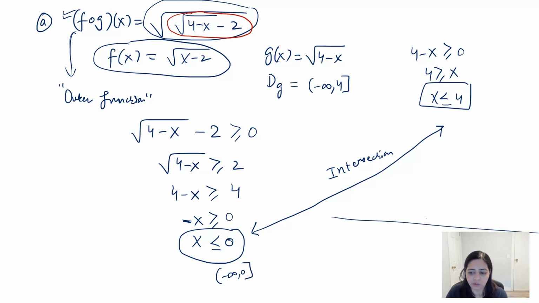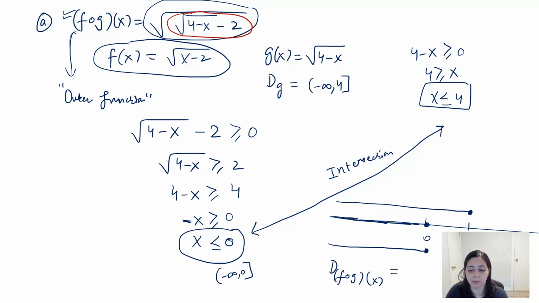On the real line you have 0 and 4. The domain of g went all the way up to 4, while the domain of the outer function goes all the way up to 0. So clearly the intersection goes all the way up to 0. So finally I should be able to write that the domain of f of g(x) is negative infinity to 0.